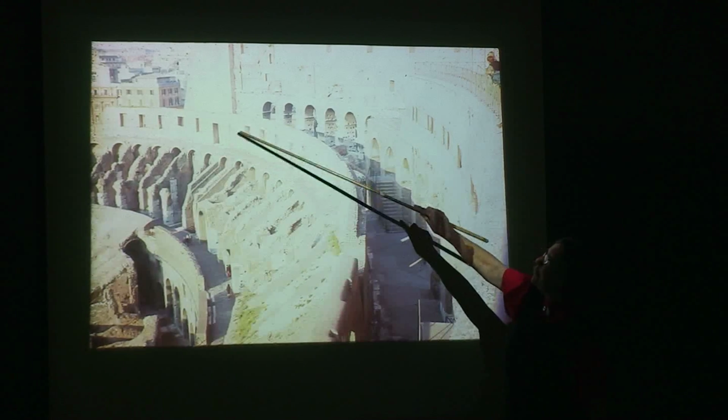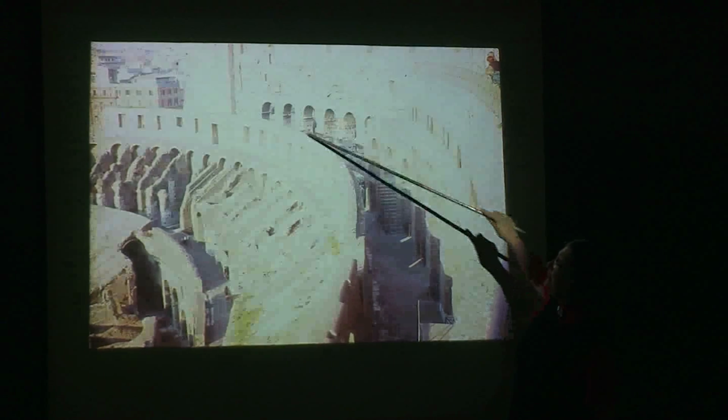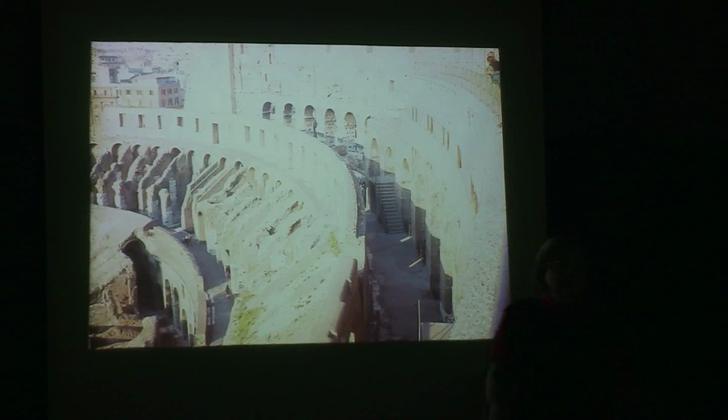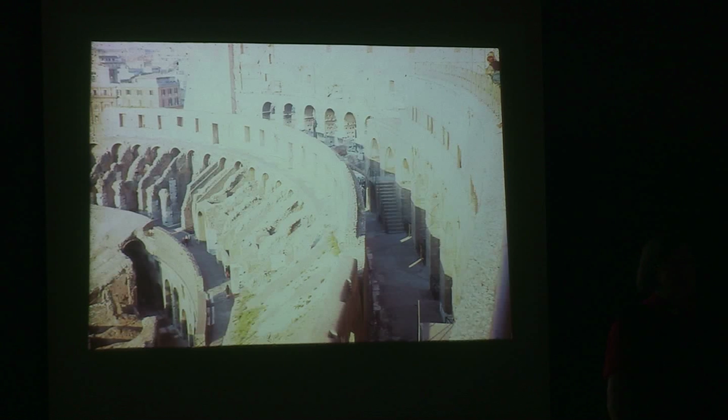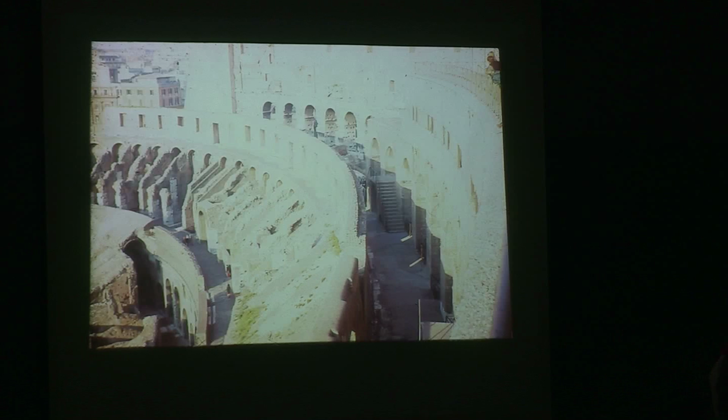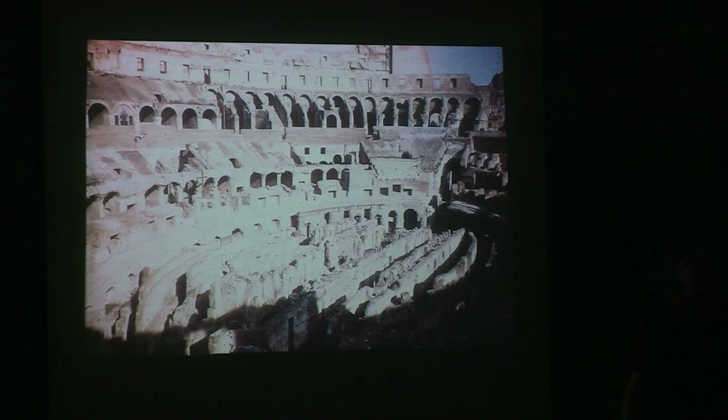Then you had standing room for the slaves, and then the masts above were for unfurling the awning to protect the spectators. A marvel of engineering and organization of labor. Different materials, huge amounts of it, and the organization of the work was quite stupendous.